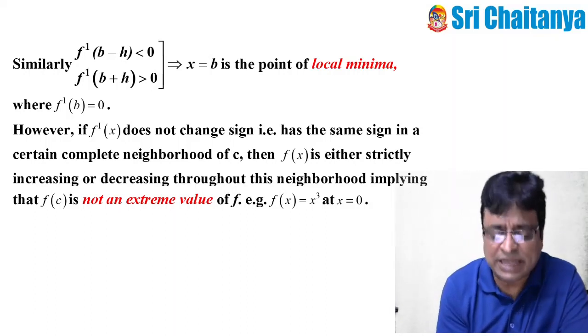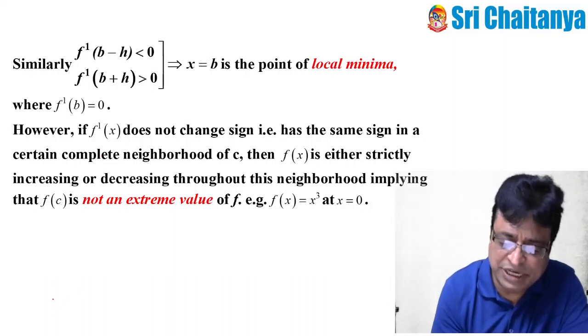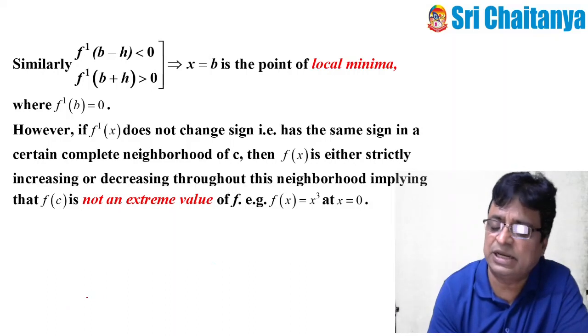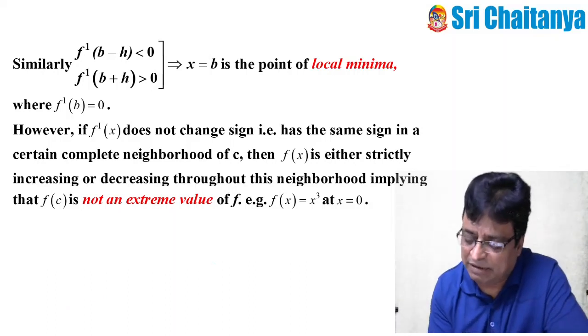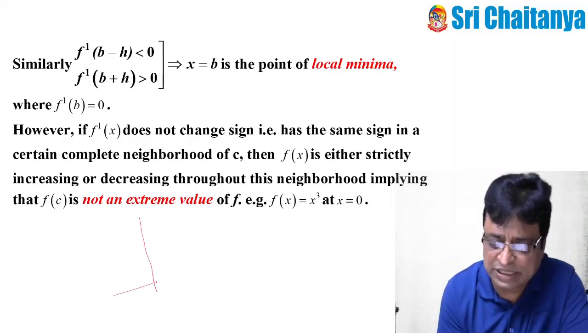Suppose in the entire interval the curve changes its sign: increasing means dy by dx greater than 0 in the left neighborhood, and dy by dx less than 0 in the right neighborhood. Automatically the curve is like this only.